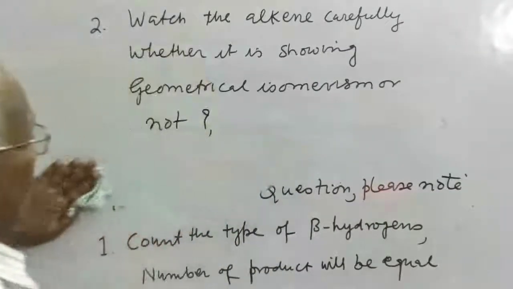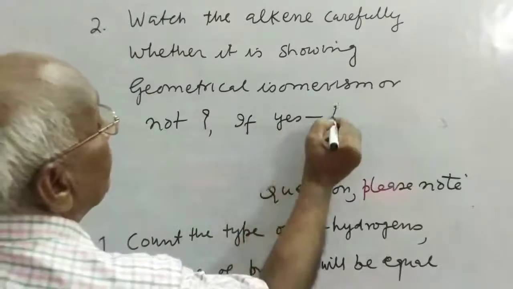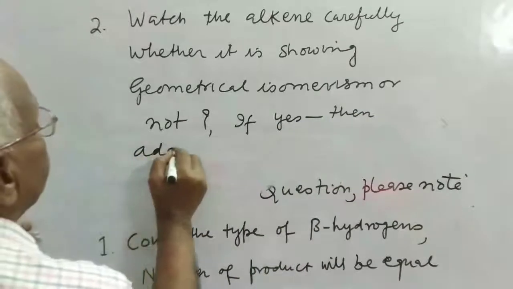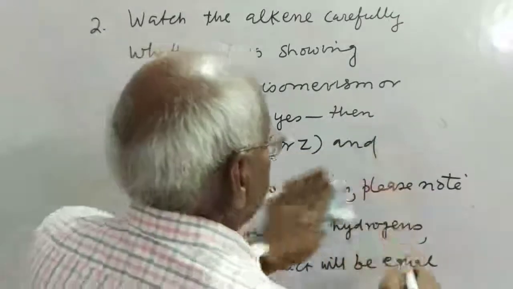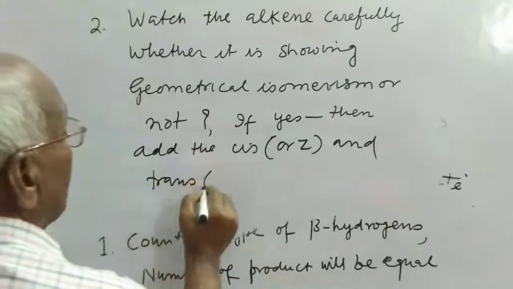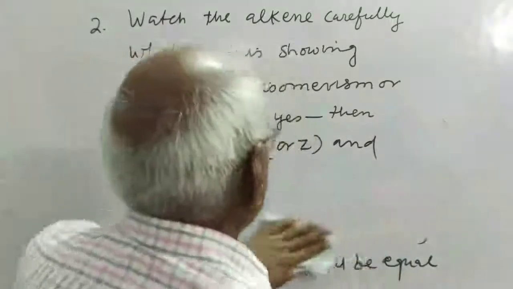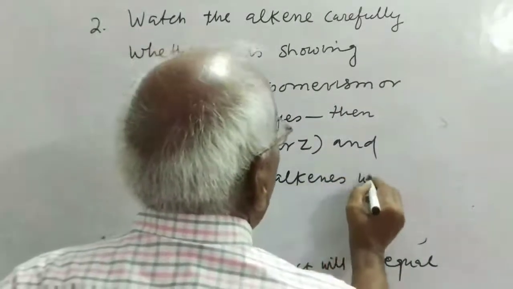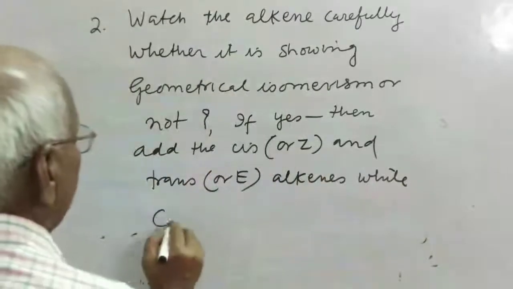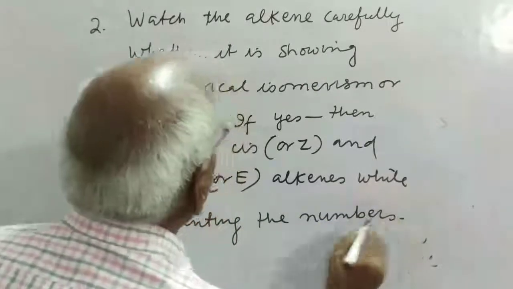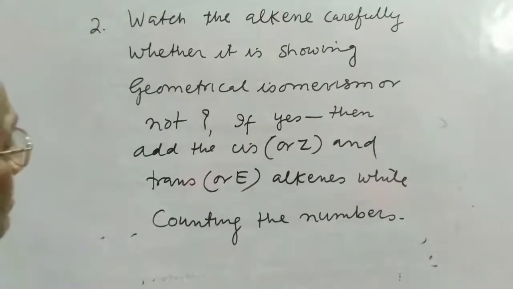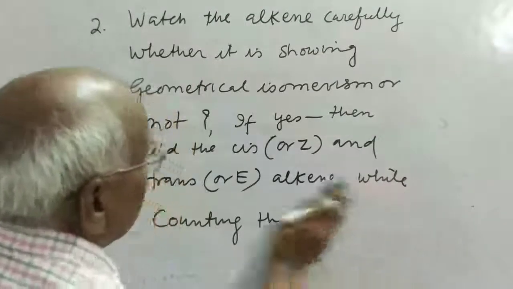If yes, then add the cis or Z and trans or E alkenes while counting the numbers. See with examples.